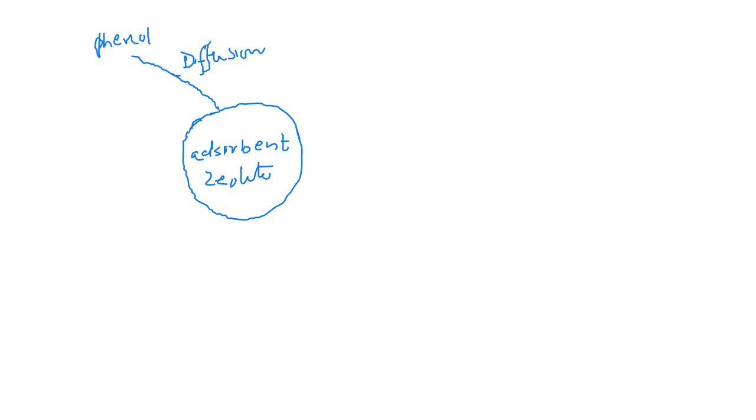Second step, it will go inside the particle. Inside this particle, there are pores. These are pores inside the particle. So the phenol will go and form a layer. It will occupy space like this.